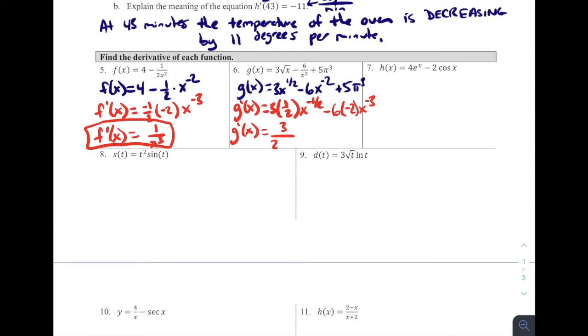And then that x to the 1/2 is going to move to the denominator. But we know, again, x to the 1/2 is the same thing as the square root of x. We then have negative 6 times negative 2, which is positive 12. And then that x cubed is going to go down to the denominator to make that exponent positive. So we've got 3 divided by 2 square root of x plus 12 divided by x cubed. That is going to be our solution for problem number 6.